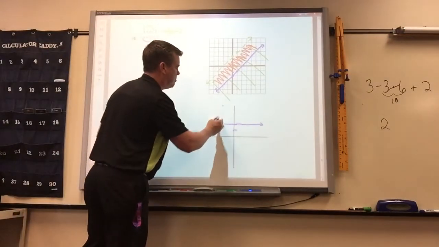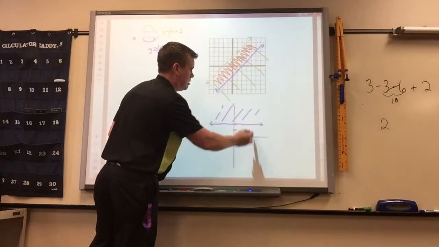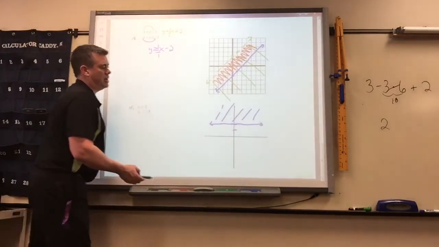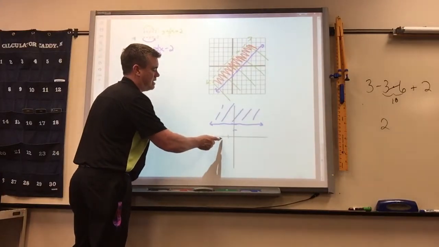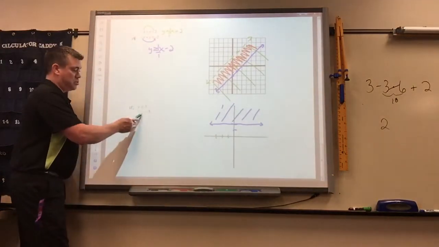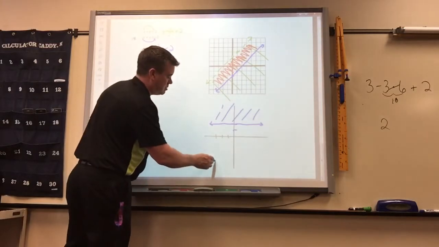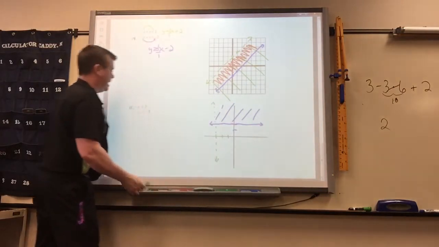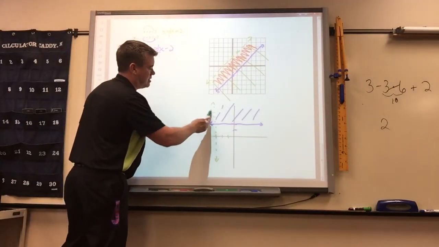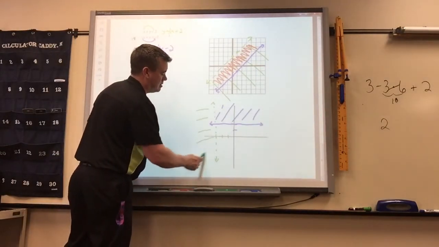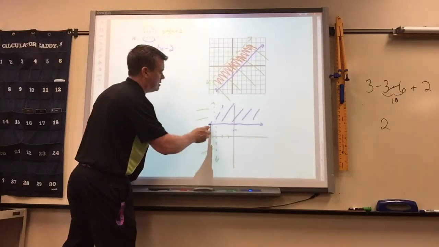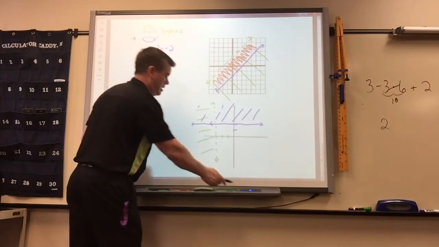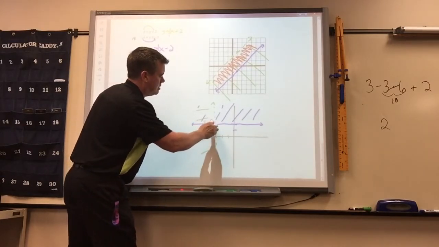Greater than is shaded above. X is less than -3, crosses the x-axis at -3. This one is dotted because it doesn't have the equal. And x is less than, so that's everything to the left. Should have made my line a little longer. So the part that is shaded by both is this part.